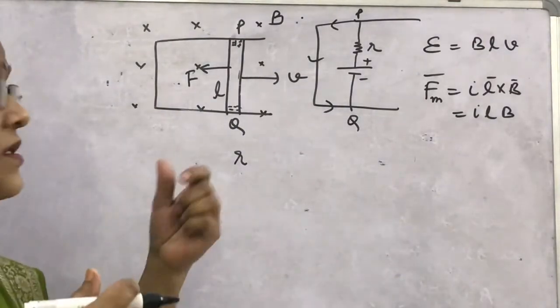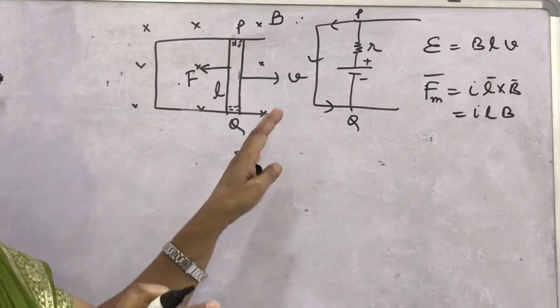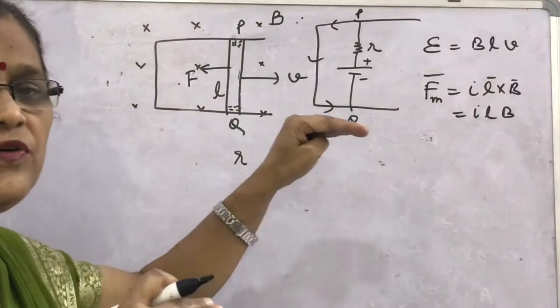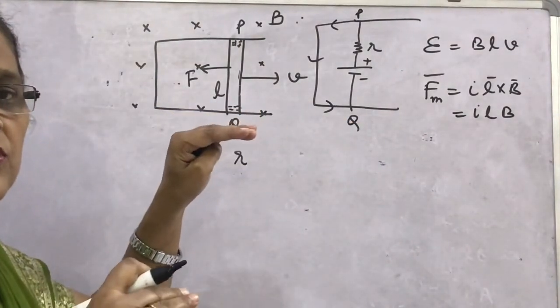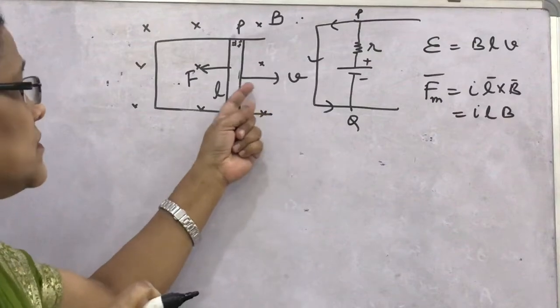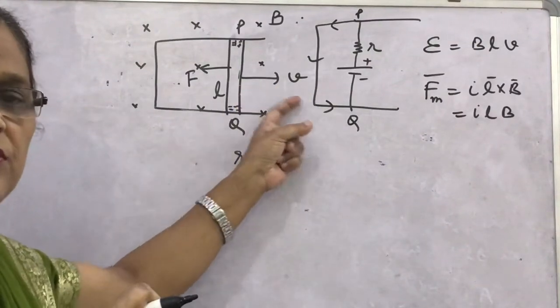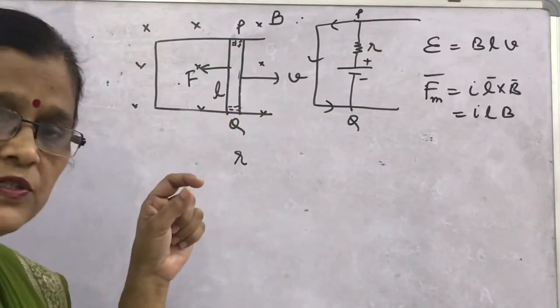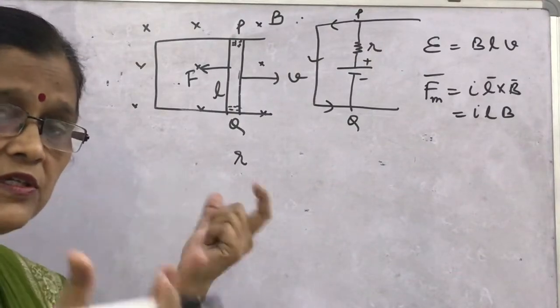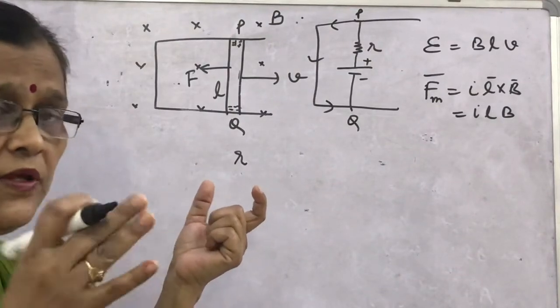So if the question is asked whether there is any requirement of external force, so that the rod moves with constant velocity, constant velocity means net force is 0. What will be your answer?